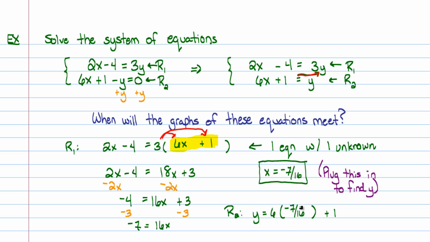So when you multiply this through, you'll see first of all that 6, let me do a cancellation trick here. I have to also change pen sizes. 2 goes into 6 three times, 2 goes into 16 eight times, and then that'll give us negative 21 over 8 plus 1.